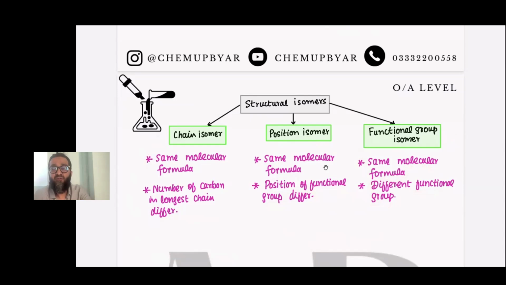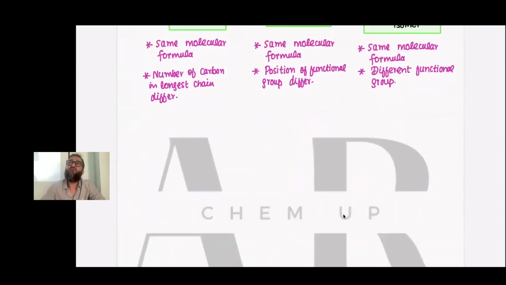Okay, so before moving towards the functional group, you need to understand the steps, because when the examiner asks you to draw the isomers, most of the time students just randomly draw different structures and they think they are isomers.